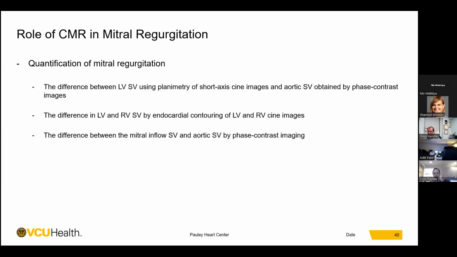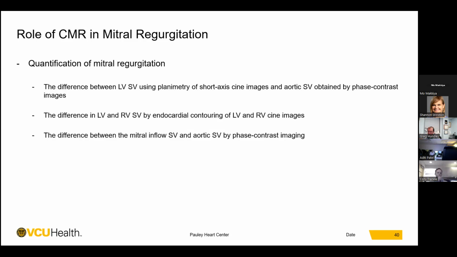So how do we quantify mitral regurgitation? We usually use the difference between the LV stroke volume measured by planimetry on the short axis in CMR images, mostly SSFP images, and aortic valve stroke volume obtained by phase contrast imaging.